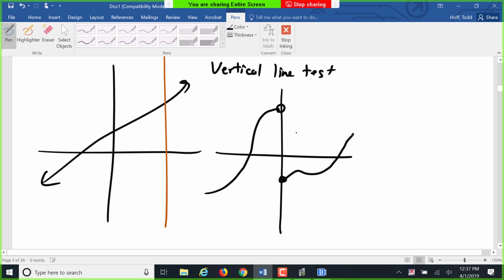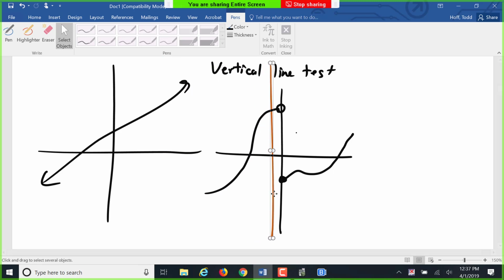Is that a function? It is. It's not something we've talked about yet. It's called a piecewise function. But if I take that line, it's only crossing the graph once. Still only crossing it once.